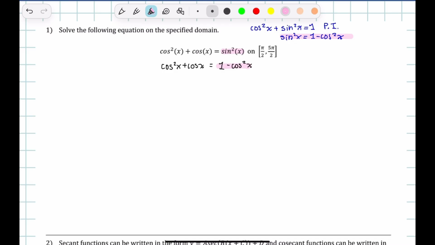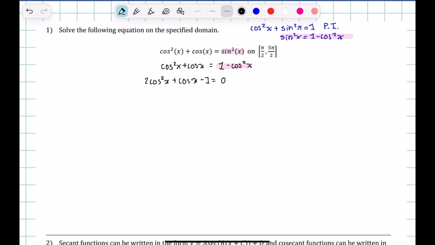So from this, we just rearrange it. So we can just say 2 cosine squared of x plus cosine of x minus 1 is going to be equal to 0.